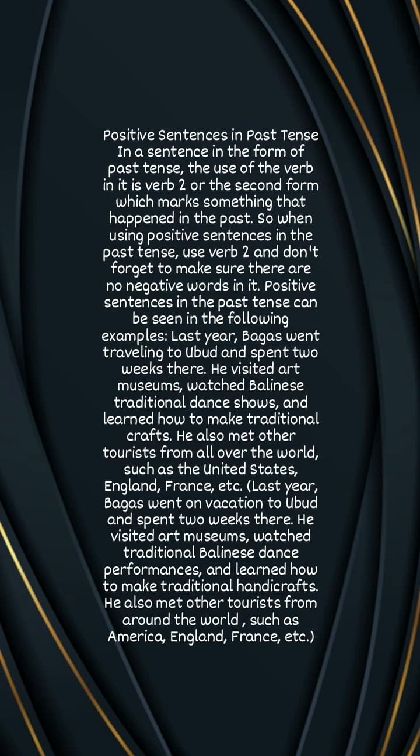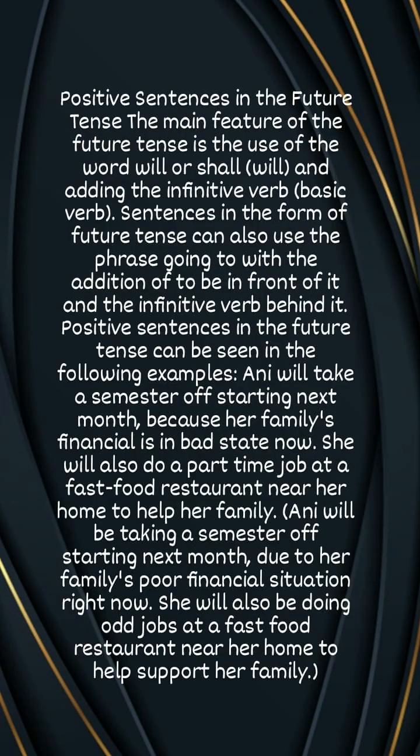Last year, Bagas went traveling to Ubud and spent 2 weeks there. He visited art museums, watched Balinese traditional dance shows, and learned how to make traditional crafts. He also met other tourists from all over the world, such as the United States, England, France, etc.